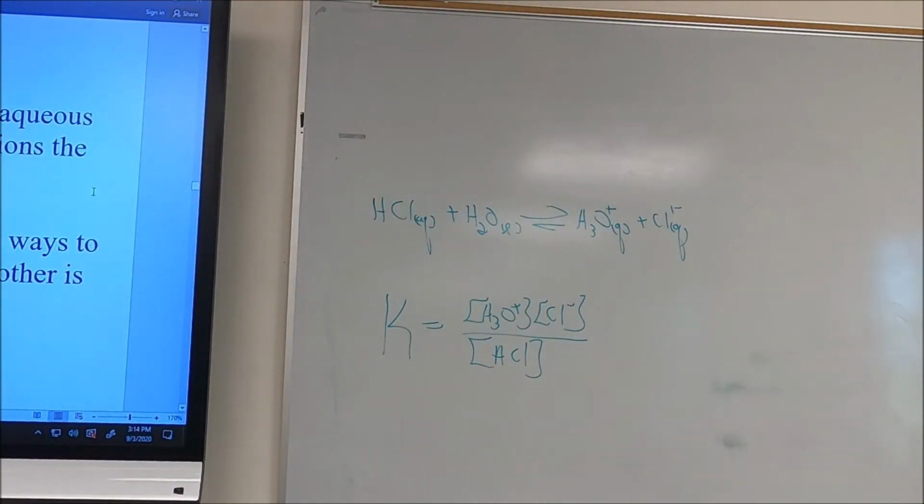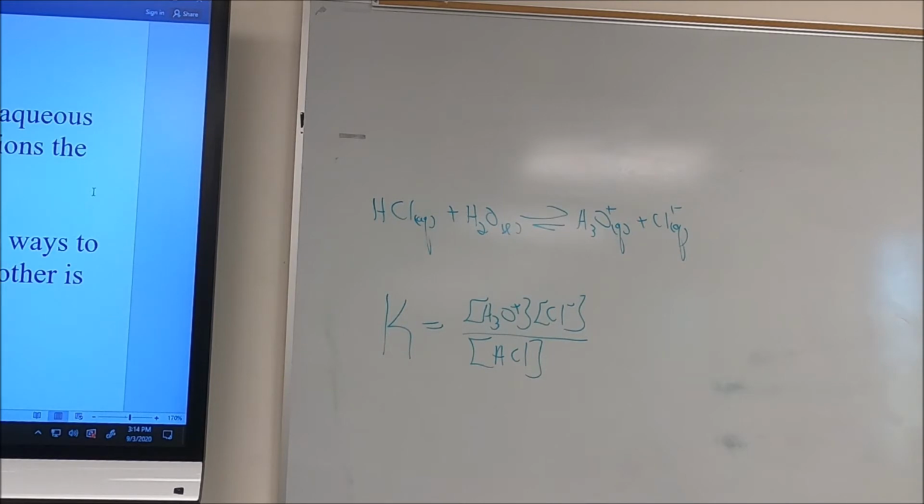Now, most reactions we deal with happen in an aqueous environment. But some chemical reactions happen in the gaseous state. Remember, we talked about chemical reactions happening and how some of the particles at least have to be moving.